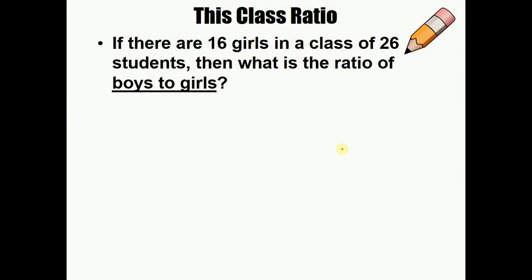So, if we look at a class, let's say there is a class with 16 girls in there, and there are 26 students in all. What is our ratio of boys to girls? So I want to know how many boys over how many girls. Well, I know there's 16 girls, so I can put the number of girls on the bottom.